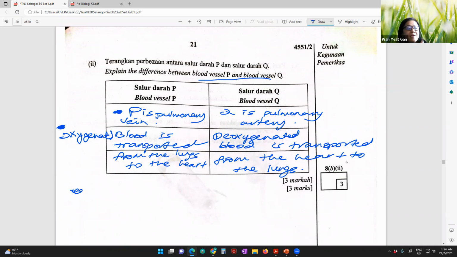Okay, point number 3 is, now for vein, you know that the general characteristic of vein, there are many general characteristics of vein.